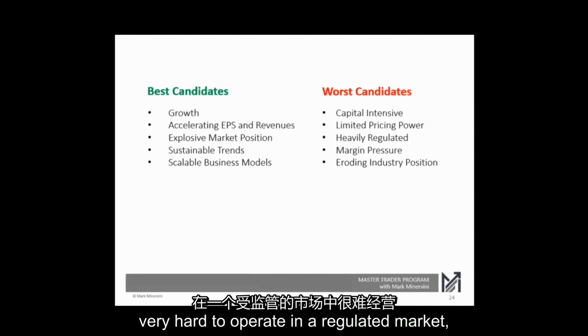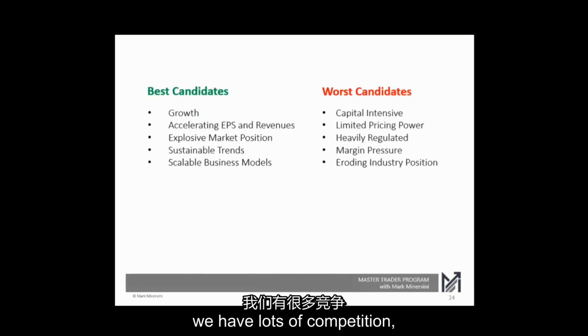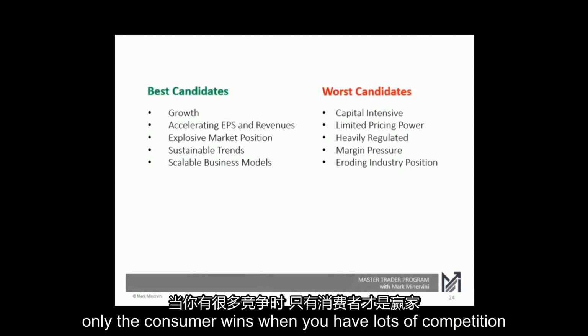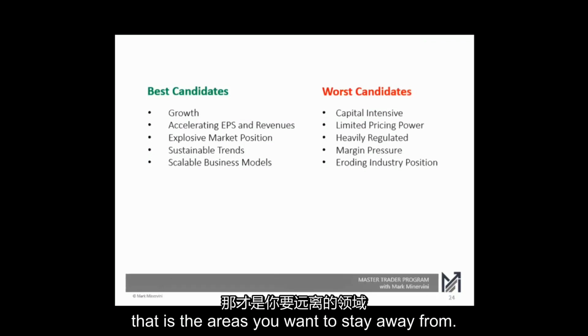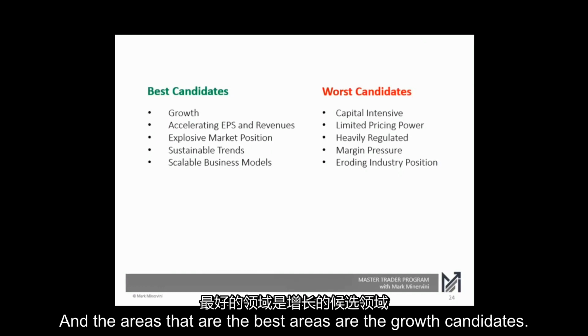Heavily regulated, very hard to operate in a regulated market. Lots of margin pressure. When you have lots of competition, the margins get squeezed. Only the consumer wins when you have lots of competition. And if they're eroding industry position, where they're losing their position in the industry, those are the areas you want to stay away from. The best areas are the growth candidates.